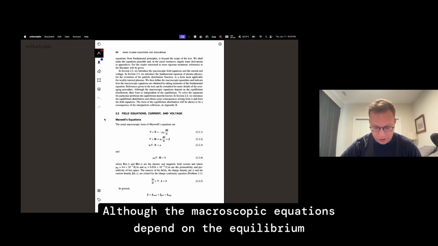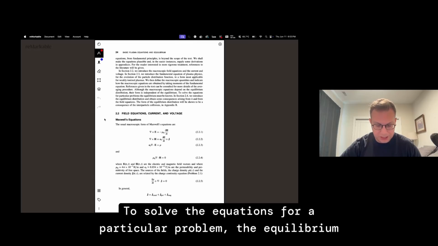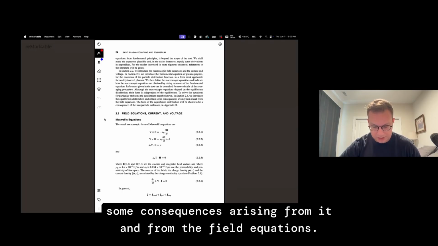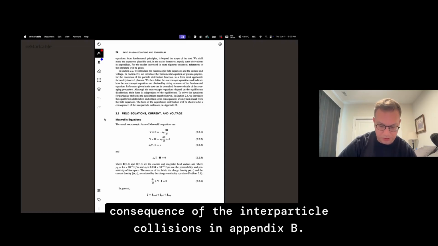Although the macroscopic equations depend on the equilibrium distribution, their form is independent of the equilibrium. To solve the equations for a particular problem, the equilibrium must be known. In section 2.4, we introduce the equilibrium distribution and obtain some consequences arising from it and from the field equations. The form of the equilibrium distribution will be shown to be a consequence of the interparticle collisions in Appendix B.